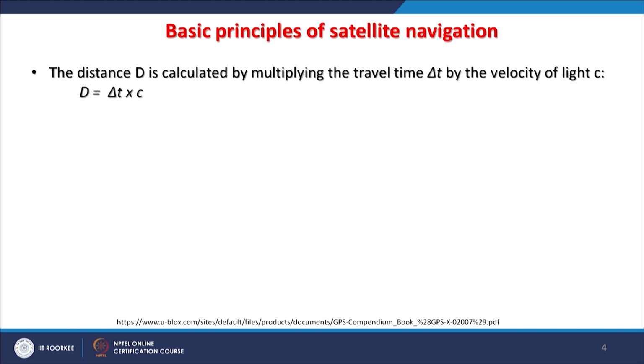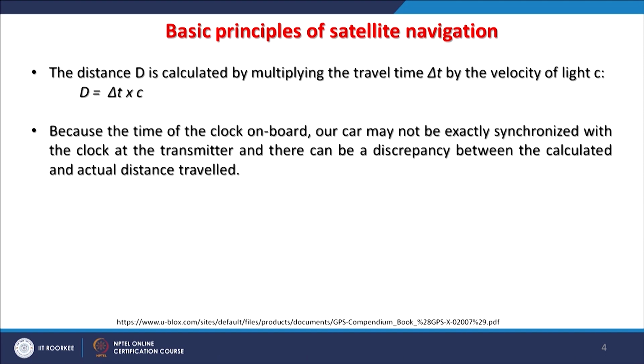So the distance is calculated by a simple formula. But the clock on board the car may not be exactly synchronized with the clock at the transmitter, and there can be a discrepancy between the calculated and actual distance traveled, and that scenario might also occur.